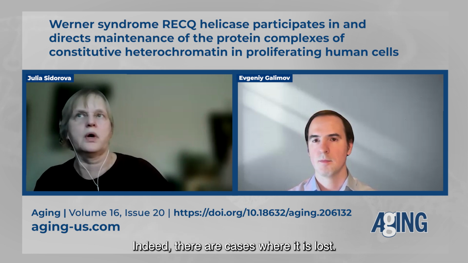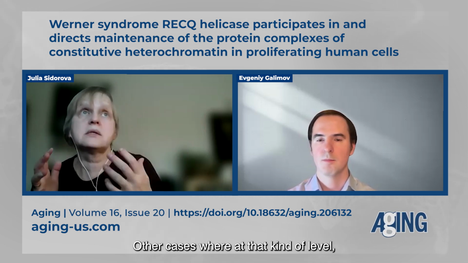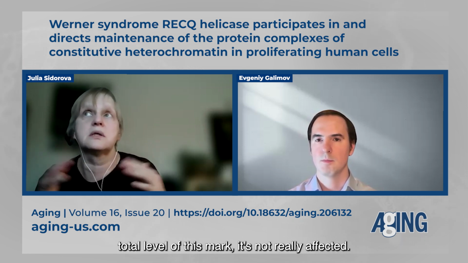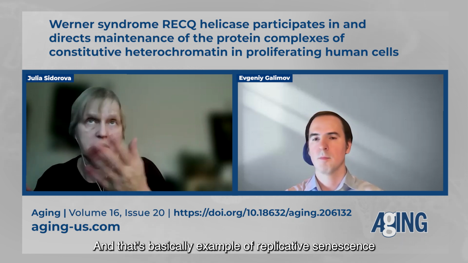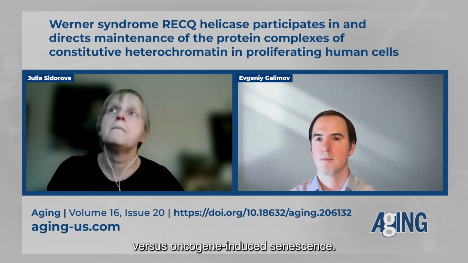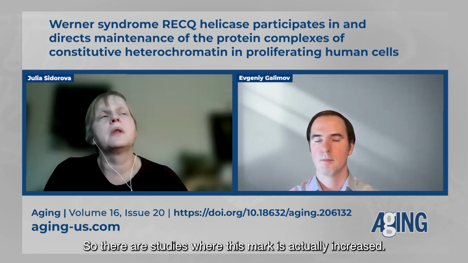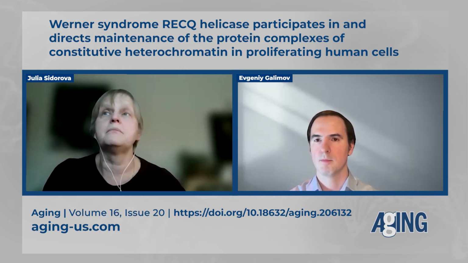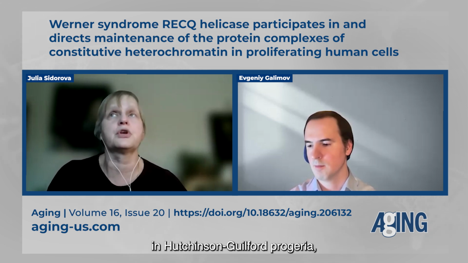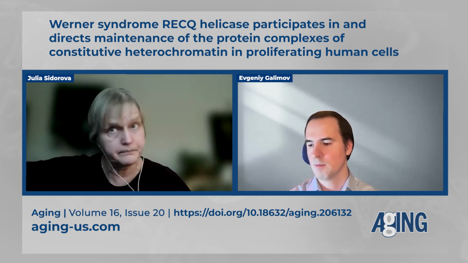Indeed, there are cases where it is lost, and other cases where the total level of this mark is not really affected. That's basically the example of replicative senescence versus oncogene-induced senescence. There are studies where this mark is actually increased. If I'm not mistaken, in Hutchinson-Gilford progeria, trimethylated histone H3K9 is actually up.